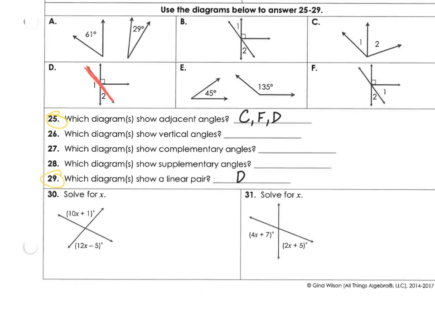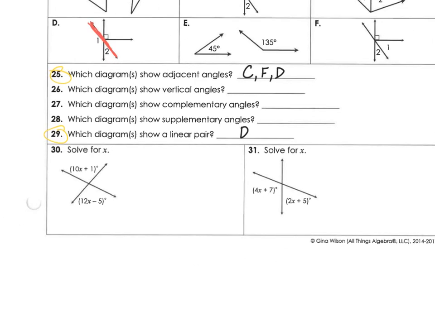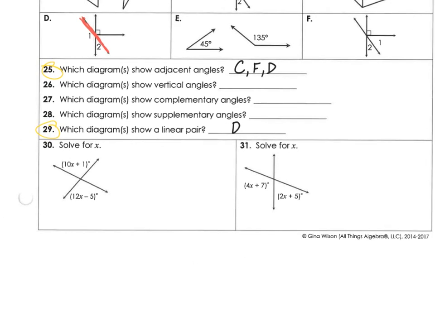Okay, I'll help you set up 30 and 31, and then you guys will do those. Okay, so let's look at 30. How would we write those as an equation? They're what type of angles? Yep. Vertical. Vertical, so they would be equal.